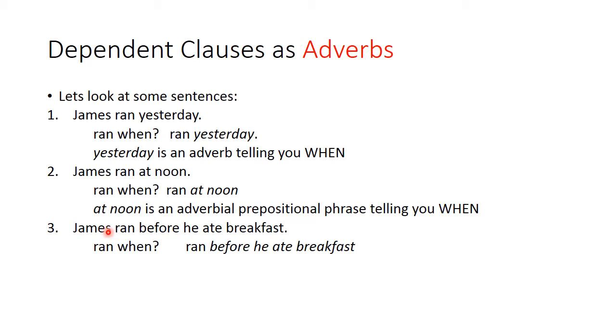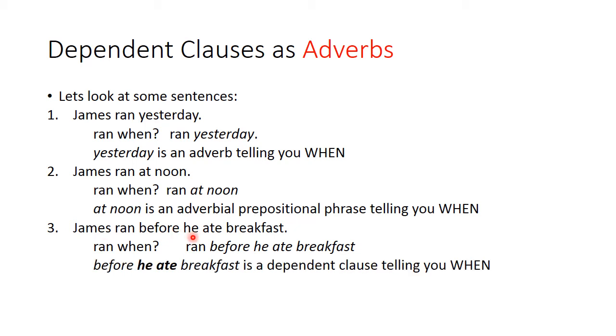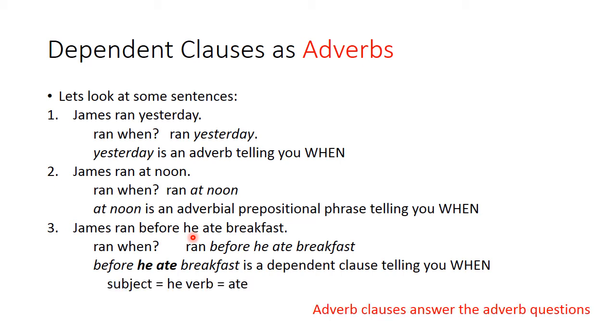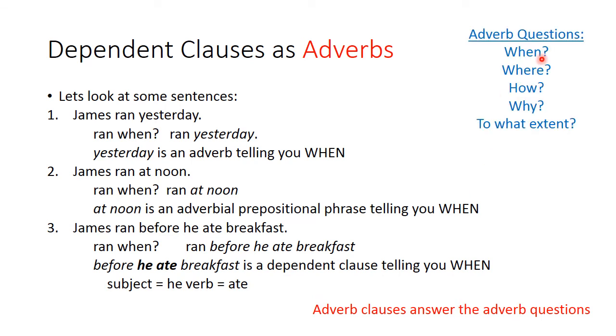But you know if you put it with an independent clause, James ran, then you know James ran before he ate breakfast, and before he ate breakfast is telling you when, okay? So it's an adverb clause telling you when. All right, and adverb clauses answer the adverb questions. So it's a really good idea to remember these questions. Adverbs answer the questions when, where, how, why, and to what extent.